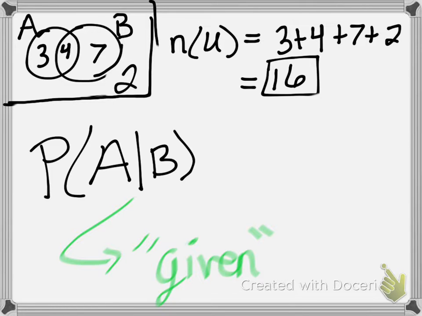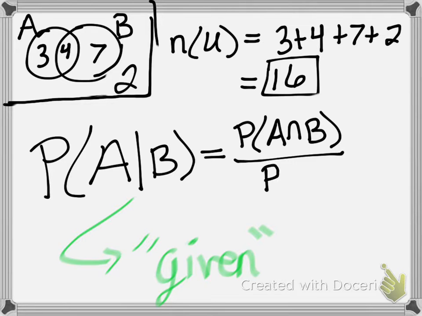And there's a formula that we know for this. How we figure it out is it is the probability of the intersection, or the and, between those two things, divided by the probability of the given, or what's second, okay? And instead of doing probability, we can also write the number of it. It's the same thing.